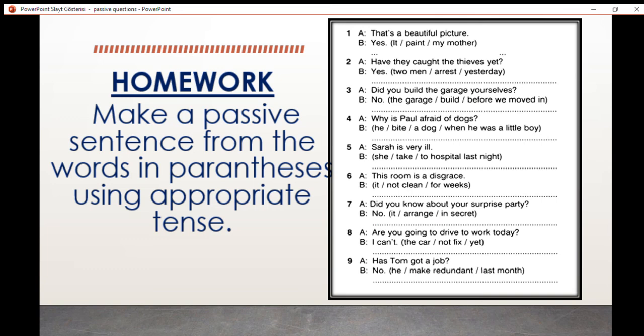Now, if you haven't completed it, pause the video here, give yourself 15 minutes, choose the correct tense, make them passive, and reply to the person who said something, for example, here in the first one, we are B, so we're replying to A. If you've completed it, let's see. If you haven't, as I said, pause the video for 15 minutes, make the sentences passive using the words in the parentheses, and continue watching.